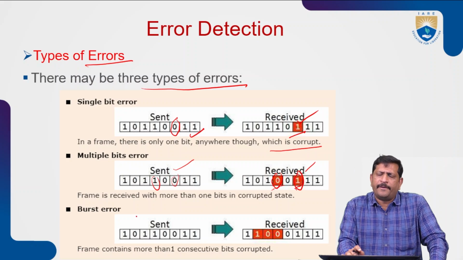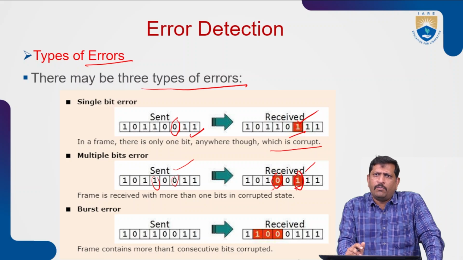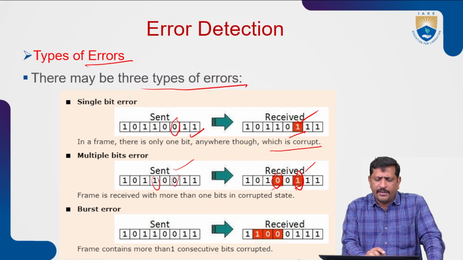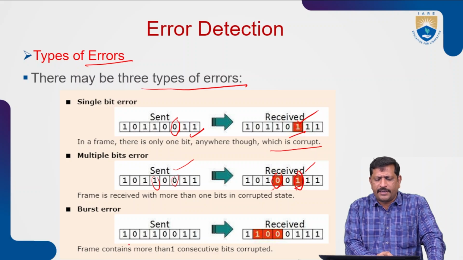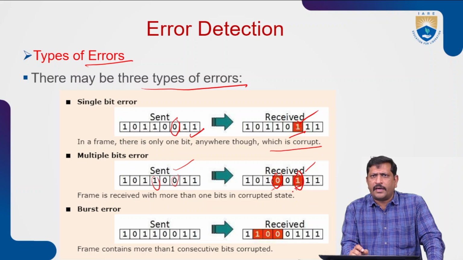Burst error means if more than one bit is corrupted, we call the corrupted information a burst error. For example, if the sender is sending the data 10110011, more than one bit is corrupted, that is 10000111.